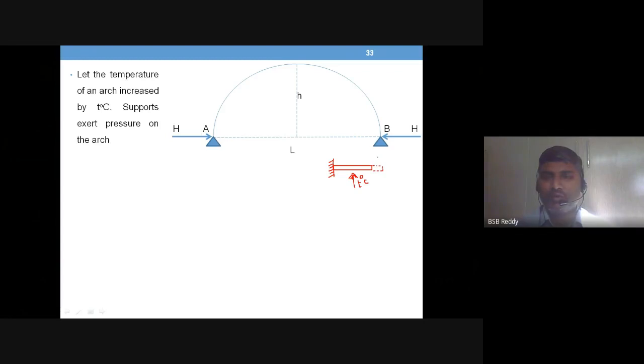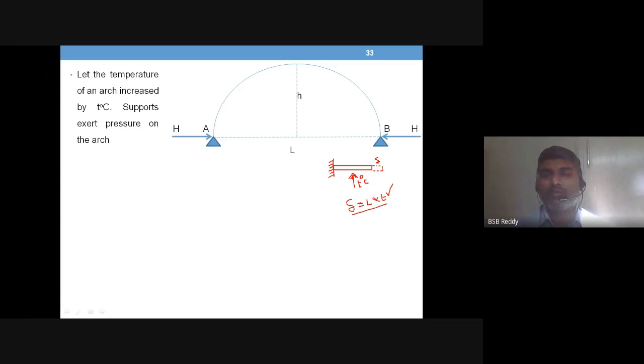And you know how much this delta value is. So delta due to temperature is L alpha T. Okay, so this is the formula for calculating the change in dimension of a particular member where the temperature change is involved.